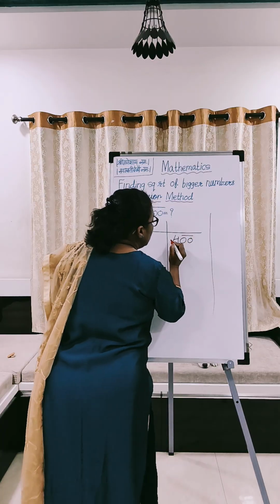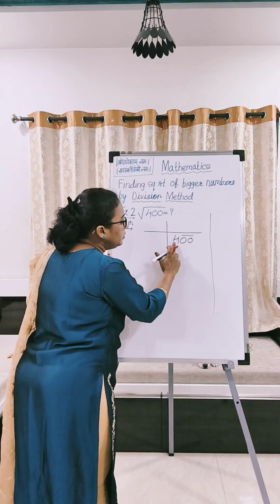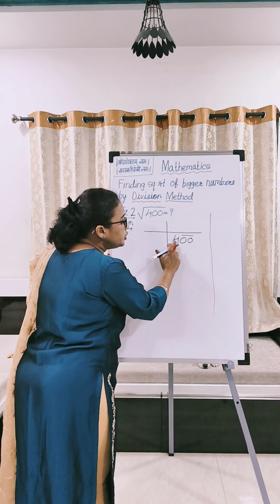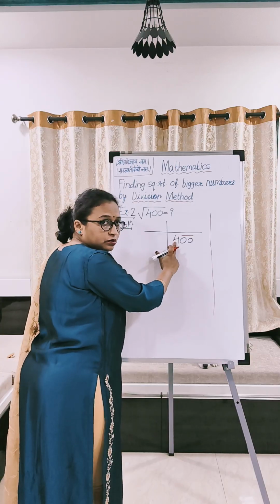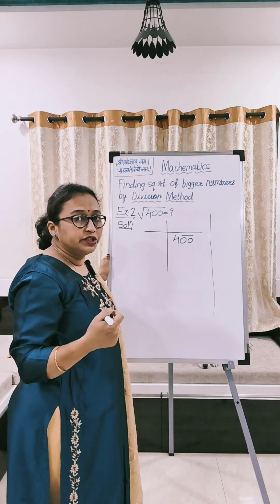like this. Now there will be one group of two zeros, and if you observe the number 400, there is only 4 left. So how are we going to form the group of two digits?